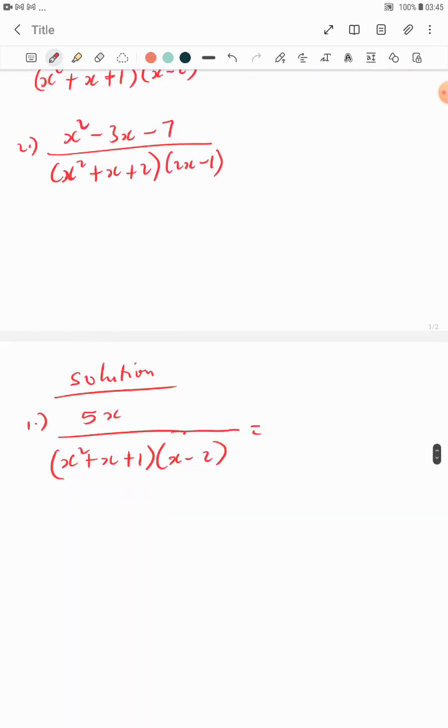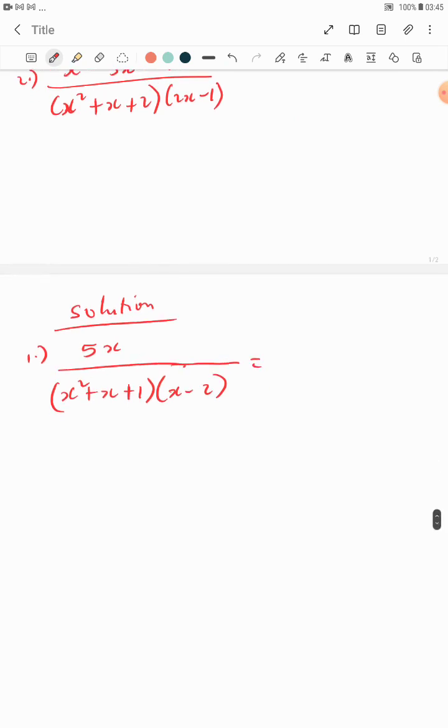So I've already watered the ground for it, and this is just for us to practically solve an example. So let's first separate this into its fractions. Because we cannot factorize the quadratic, it's going to be a partial fraction on its own, and then we have the term in x minus 2. This is how we are going to separate it.